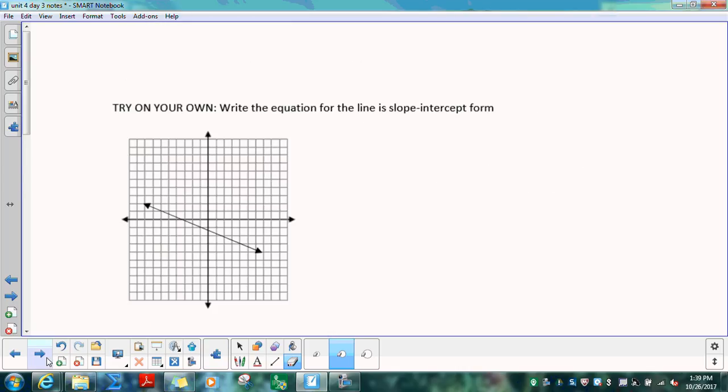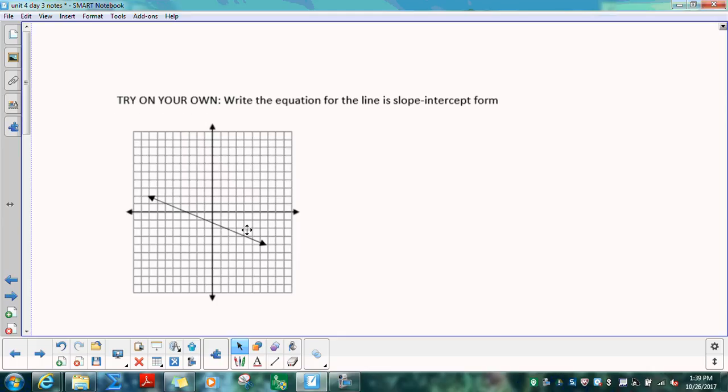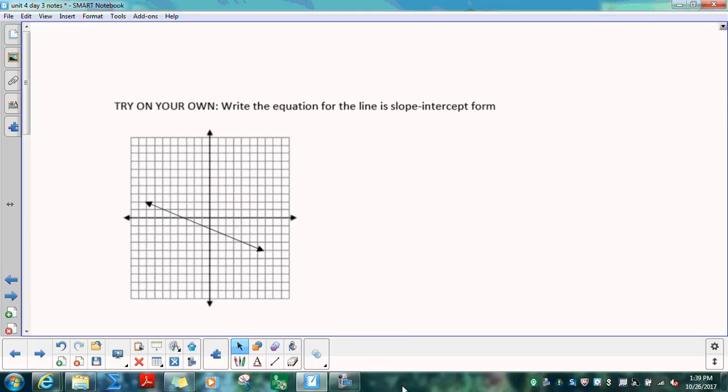Now you're going to try this one on your own. Remember, find your slope and find your y-intercept and then put it all together. Before you try this on your own, this line is not going through a y-intercept very nicely. So I'm going to tell you what the y-intercept is.